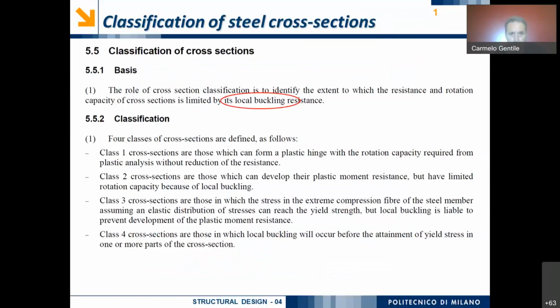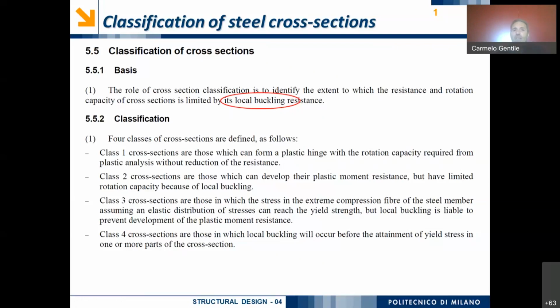Okay, perfect. If you remember, during last lecture, I have already introduced the classification of the steel cross-section. We have seen that this kind of classification is ruled by the possibility of having a local buckling.